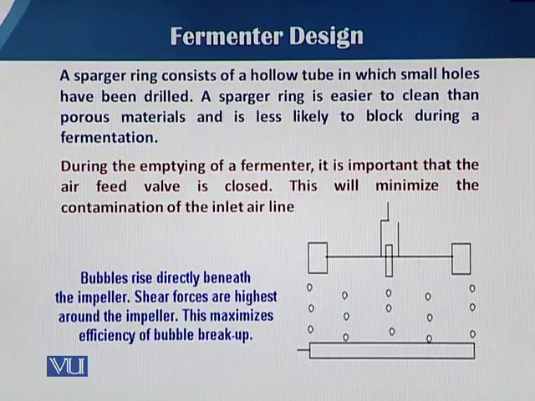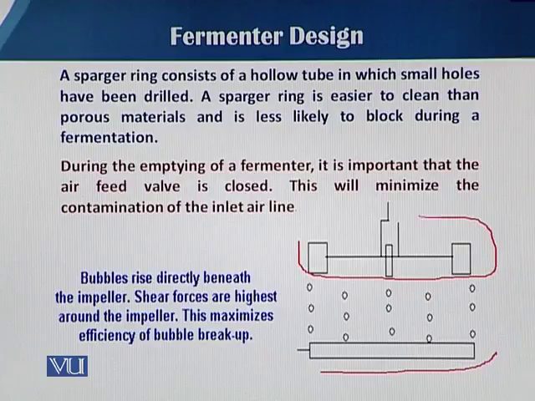In this slide you can see a sparger with 1, 2, 3, 4 and 5 different points from where the air oozes out. Above this aeration sparger, there is an impeller agitation system.